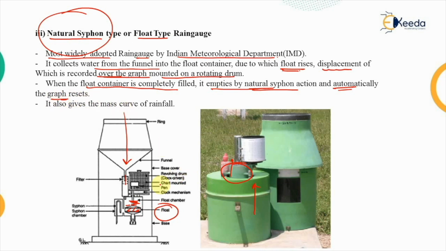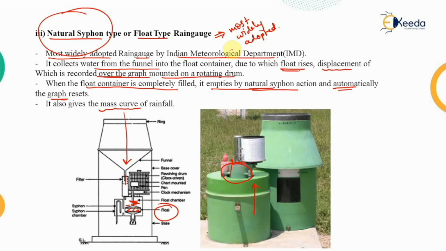In this case also we get the accumulated rainfall versus time curve, which is known as the mass curve. You must remember that this is the most widely used recording rain gauge in India, which is recommended by the Indian Meteorological Department, and the most widely used non-recording rain gauge was the Symons rain gauge.